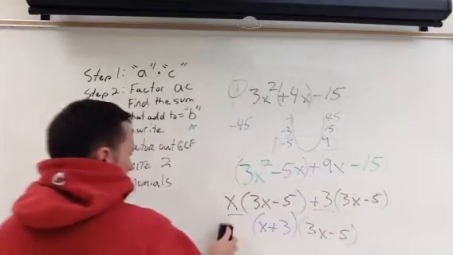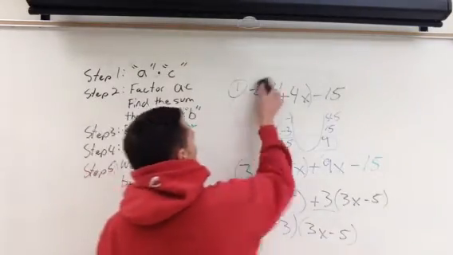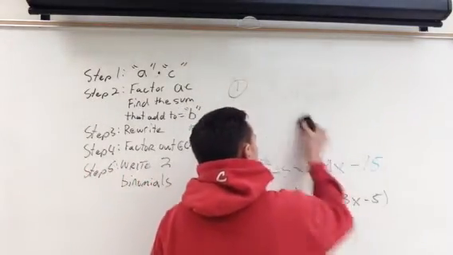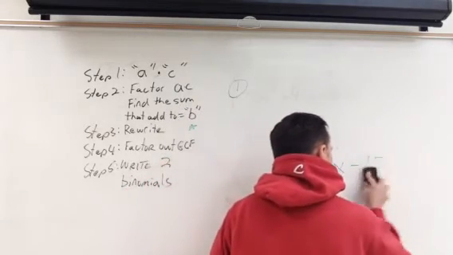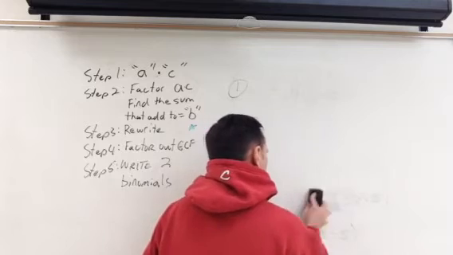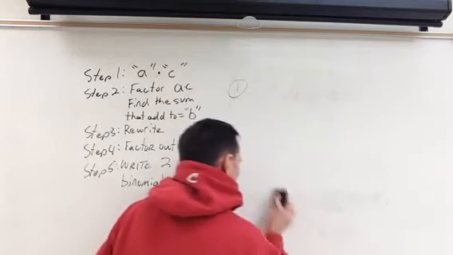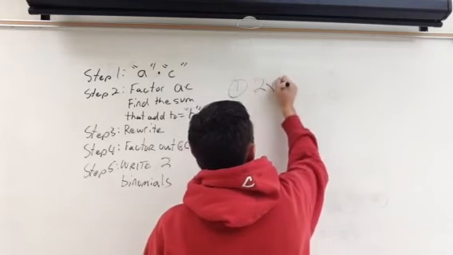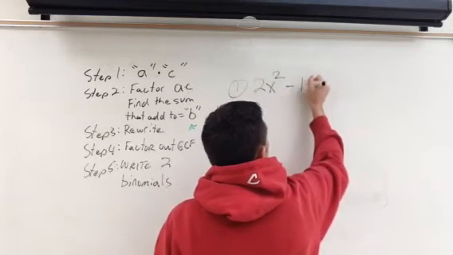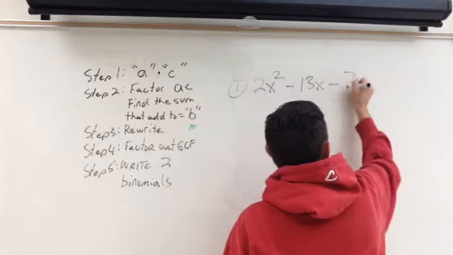We're going to try another one. Same process. Start off with 2x squared minus 13x minus 7.